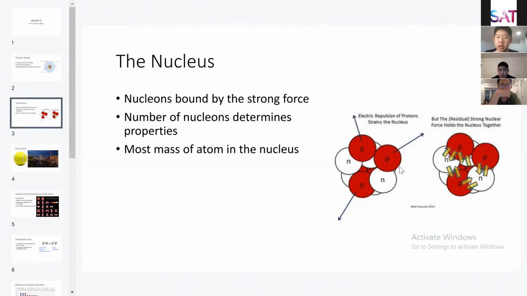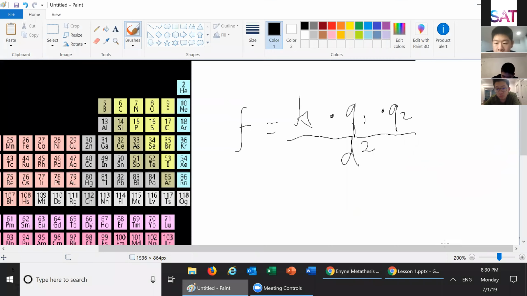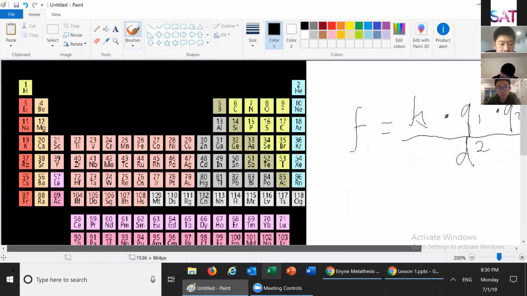So I also want to talk about how the number of protons and neutrons matters. The number of protons is given a special name, which we call the atomic number. Let me see if I can pull up a periodic table. I don't know if you can see this.